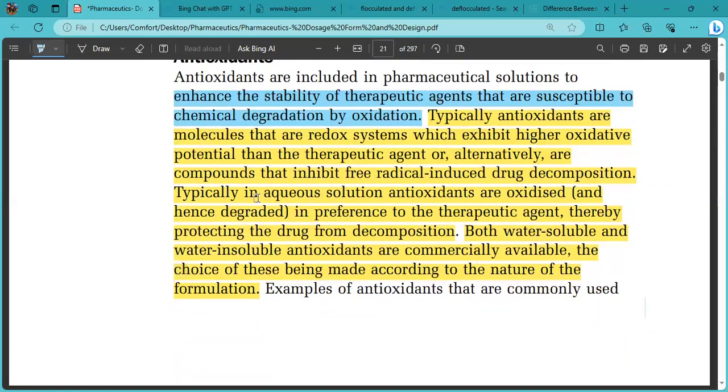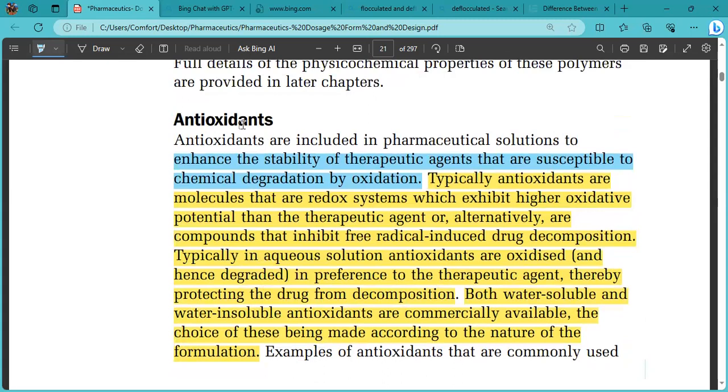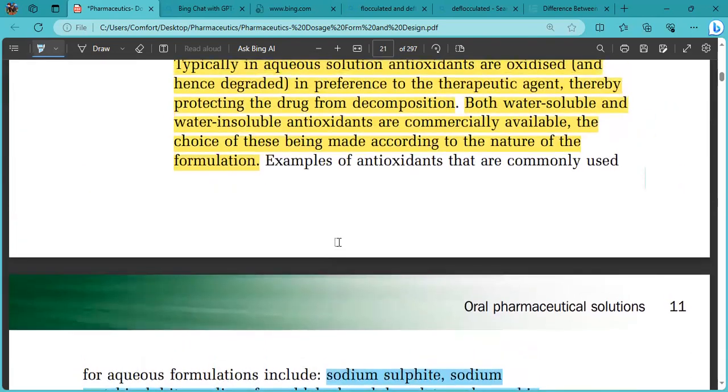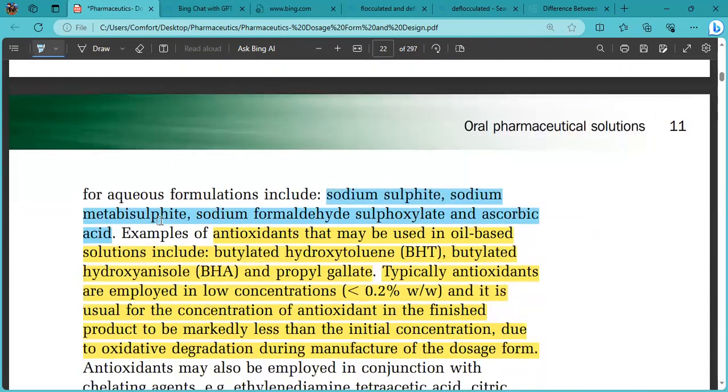So antioxidants, as I mentioned before, enhance the stability of the therapeutic agents, which may be susceptible to degradation by oxidation. The examples of antioxidants that are commonly used in aqueous preparations include sodium sulfite, sodium metabisulfite, sodium formaldehyde sulfoxylate, and ascorbic acid.